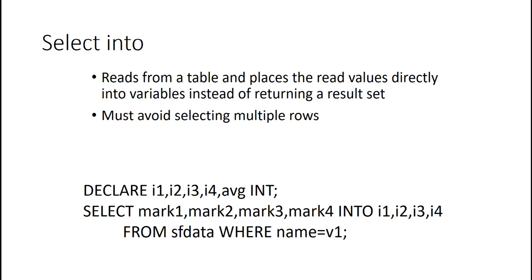And I say select into I1, I2, I3, and I4 from some table where some condition, doesn't matter what condition. The point is, I'm picking a condition where I'm confident that I will only get one row back, and that one row will show up in mark 1, 2, 3, and 4, and I will put it into I1, 2, 3, and 4, and that means I could now do arithmetic using I1, 2, 3, and 4.